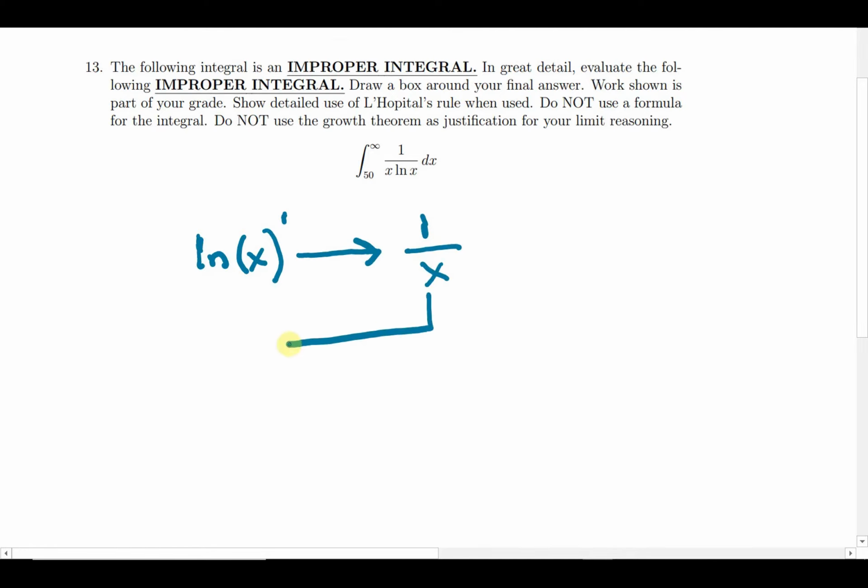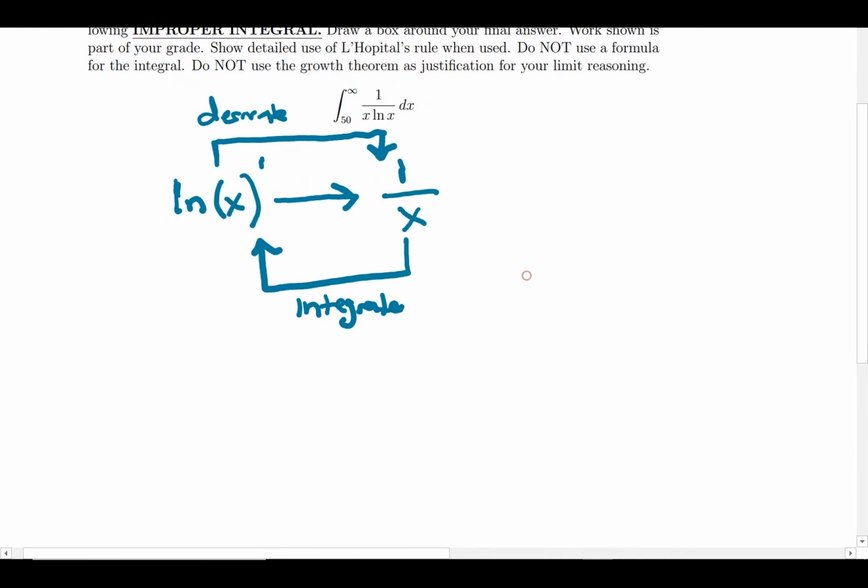So when we take the integral of 1 over x, it's like going the other direction of the derivative. It basically reverses the direction.